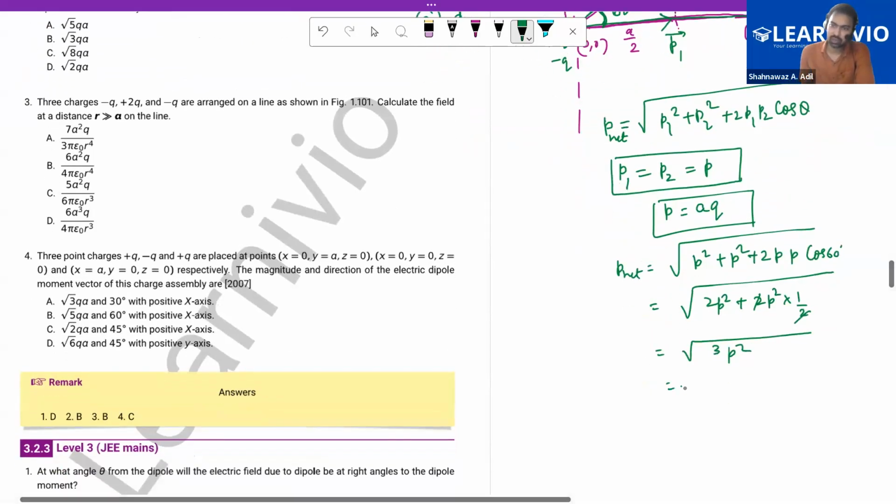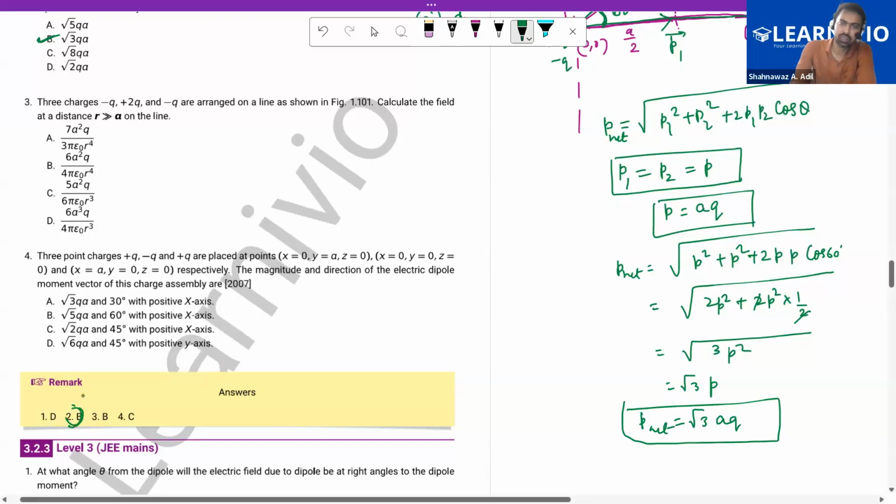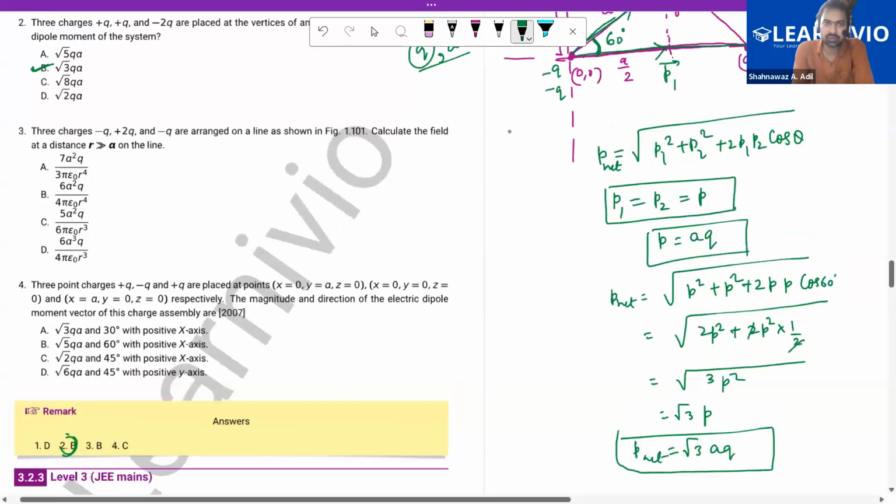So this would be root 3 P, so root 3 times aQ. So the second option, B, is the answer. Is it clear to you?